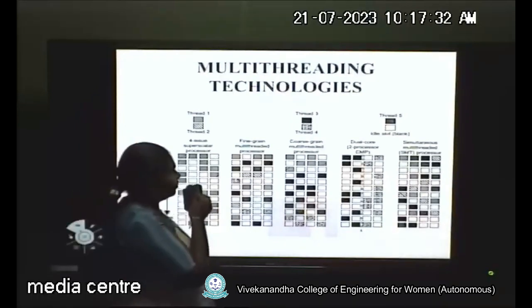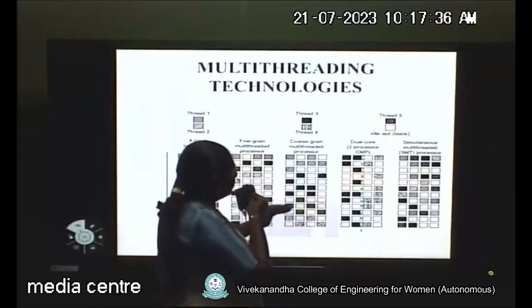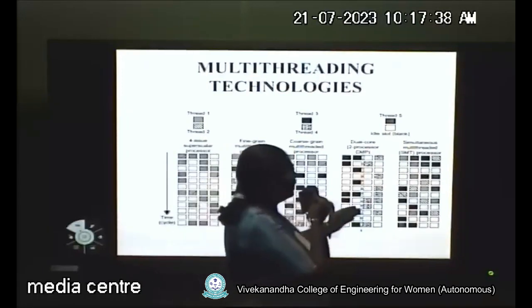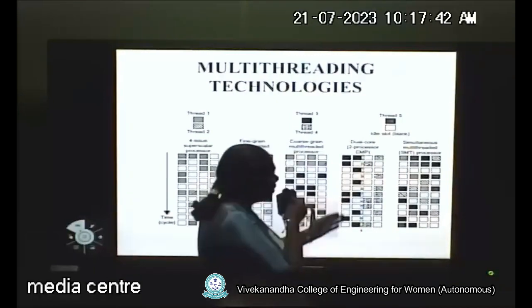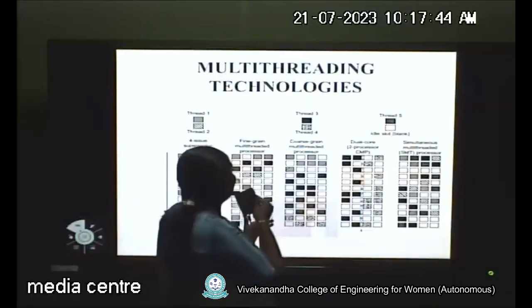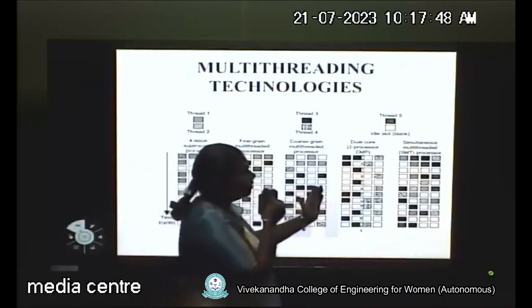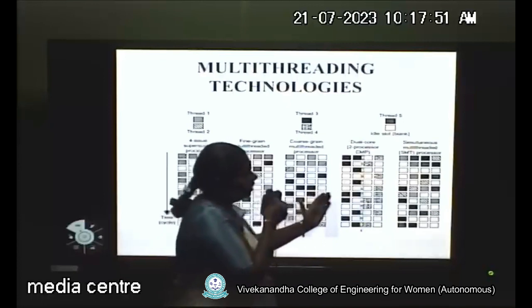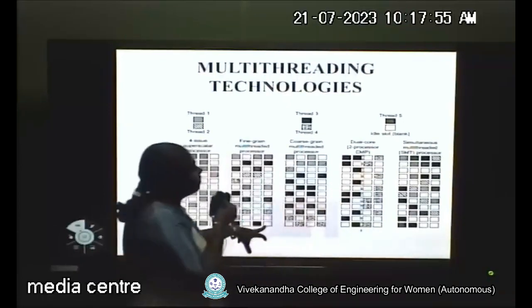In between, we use the coarse-grained multi-threaded processor. Nowadays we use the dual-core CMP processor, because in this we connect so many threads. Compared to the traditional ones, this dual core has simultaneous connections, and simultaneous processors are connected here. So this is the multi-thread technology.